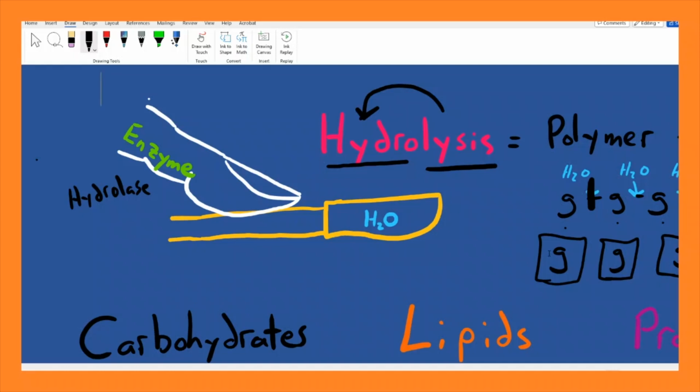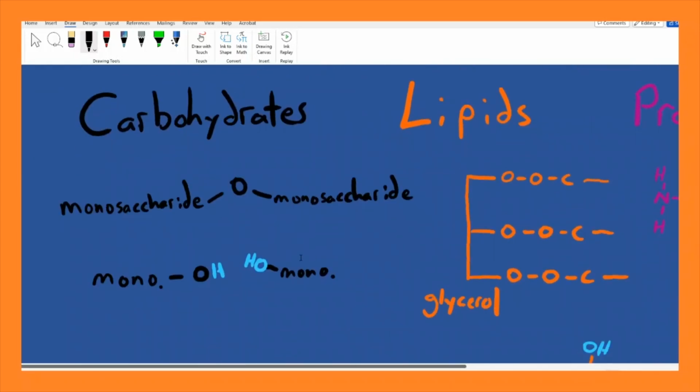Sucrase is a hydrolase enzyme that cuts apart a sucrose disaccharide into two monosaccharides. This is the idea that you want to have. And what I have done is given an example of each type of hydrolysis reaction that we use in chemical digestion.